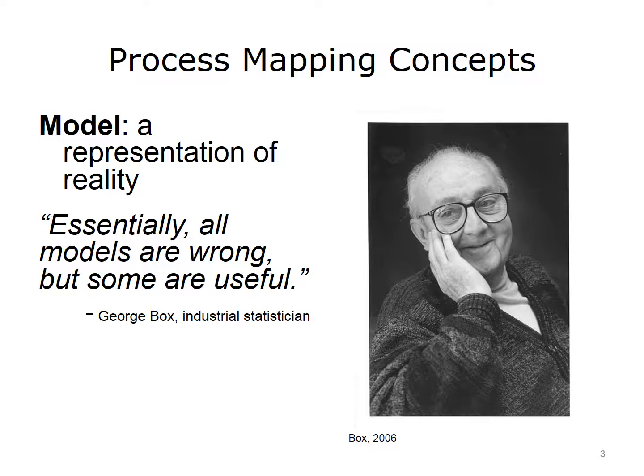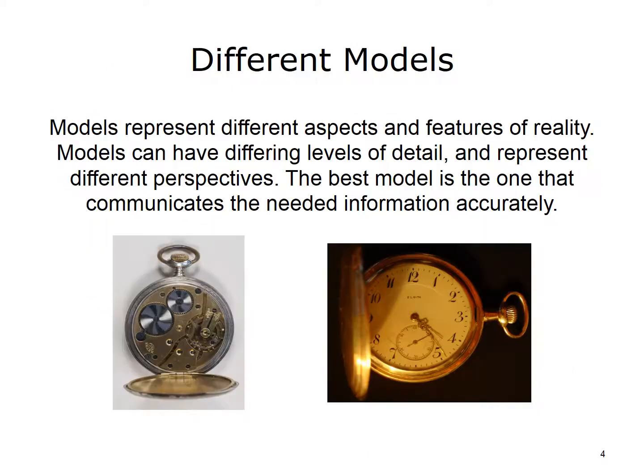A process diagram, like the toy car, picture, and engineering drawings, is only a model of the process that it represents. The analyst chooses the most appropriate diagram to represent the needed process aspects. To sell the watch at auction, the picture on the right may be the most appropriate. However, to show the inner mechanical parts, the picture on the left is probably best.